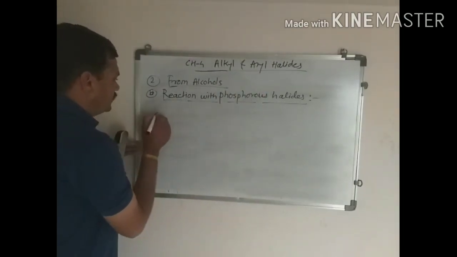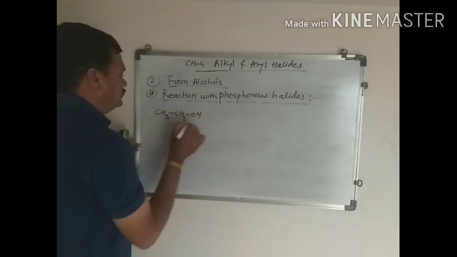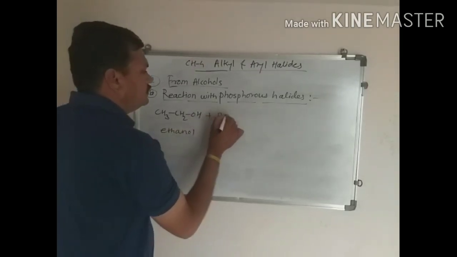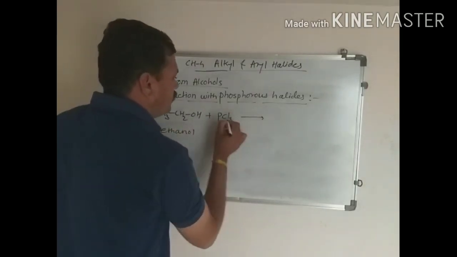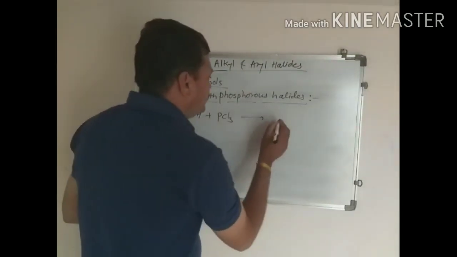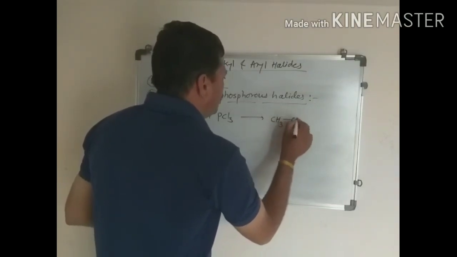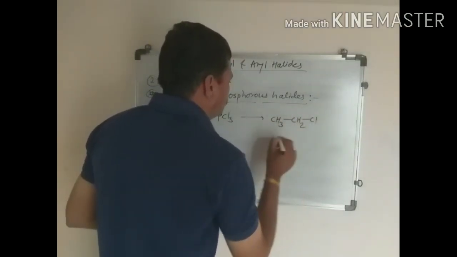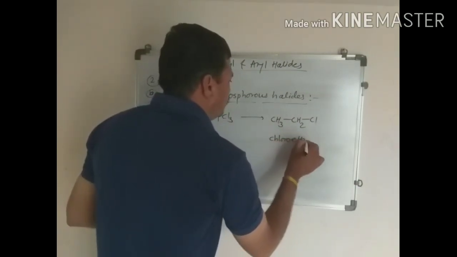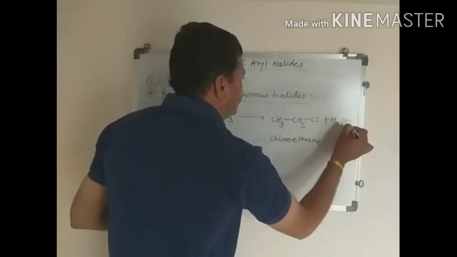First example, ethanol. On reaction with PCl3, phosphorus trichloride, it gets converted into the respective alkyl halide, ethyl chloride or chloroethane, plus the byproduct H3PO3.